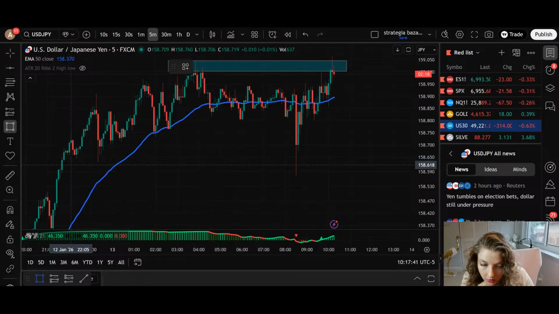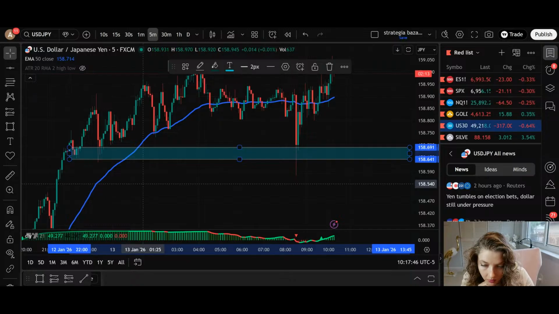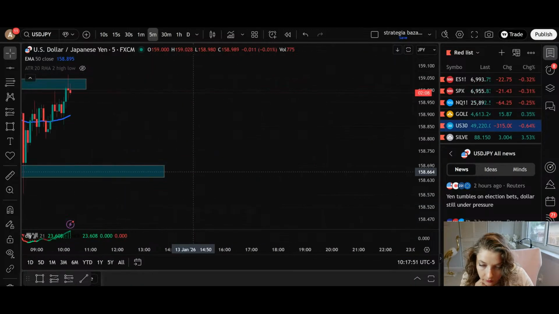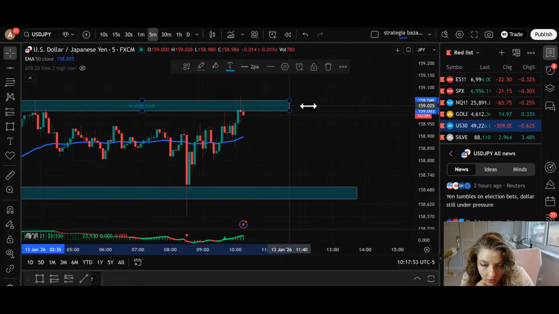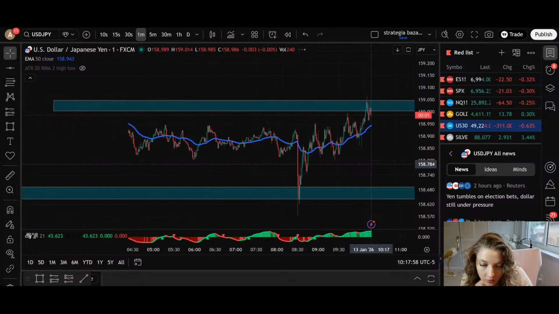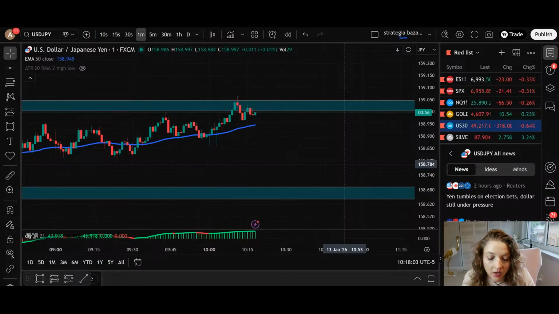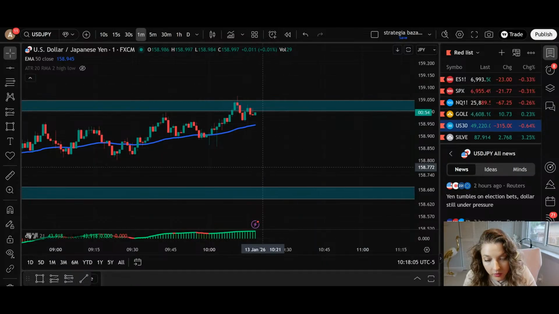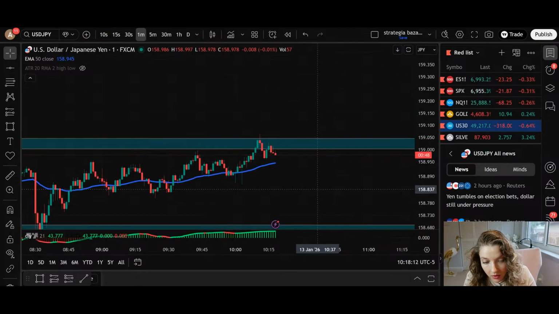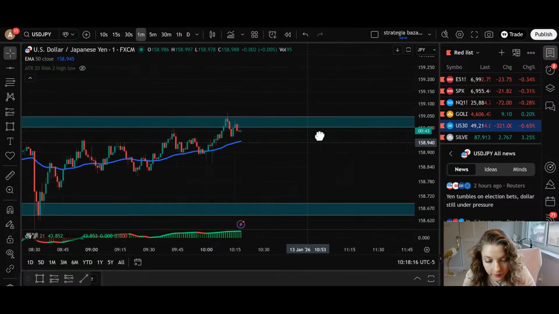We can mark here, in this area right here. So if you want, you can scalp from one area to another. But that's the only view I have. If you're a scalper and you feel comfortable to scalp in a kind of range, go ahead. If not, wait to break those areas and retest it.